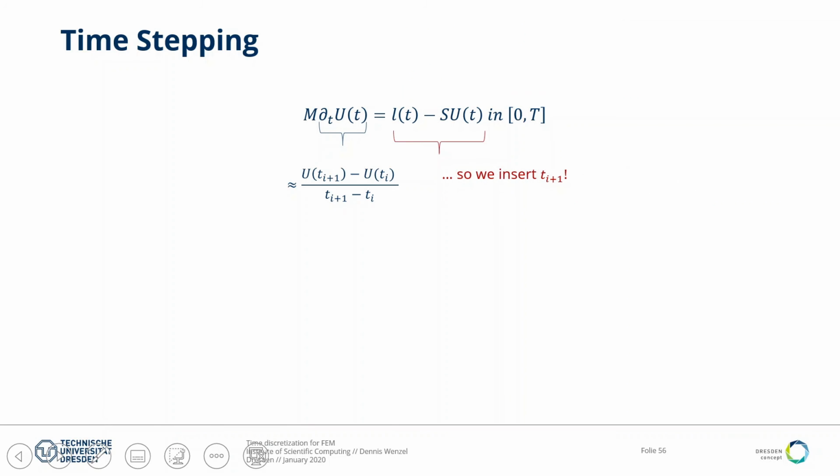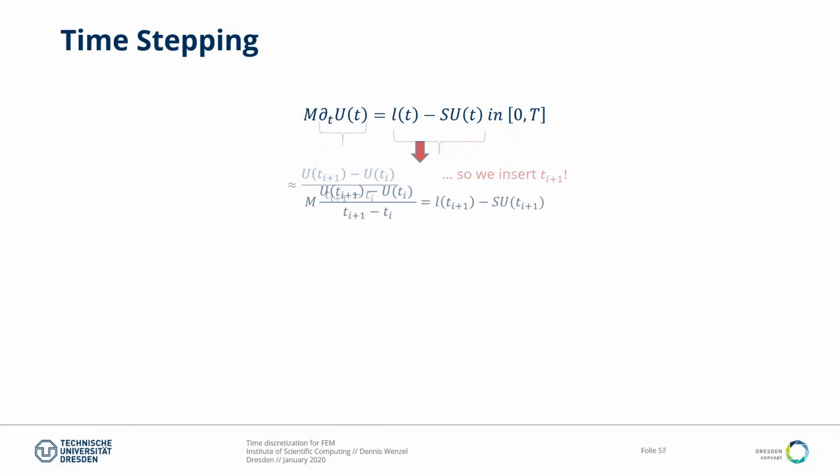So we now want to insert t_{i+1} and thus create an implicit scheme. So we replace our time derivative by a difference quotient and we insert t_{i+1} on the right hand side. And here you see why in the actual assembly process it's not a problem if L depends on time.